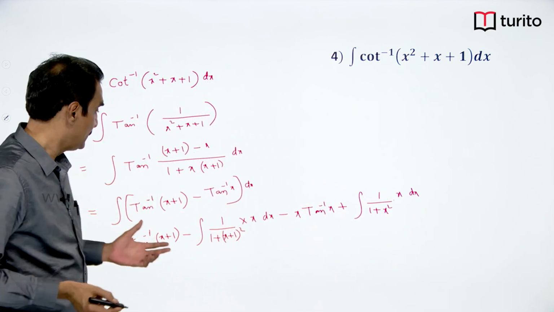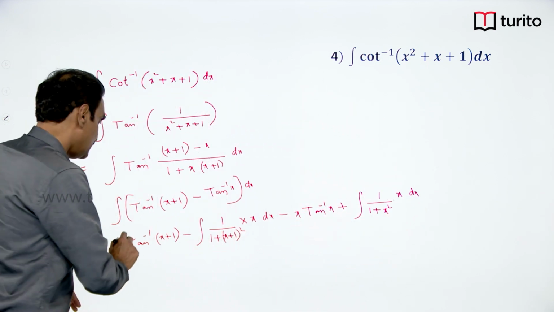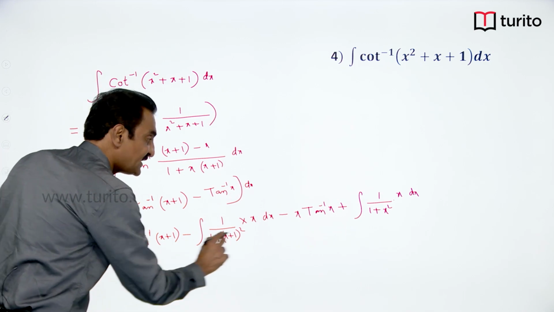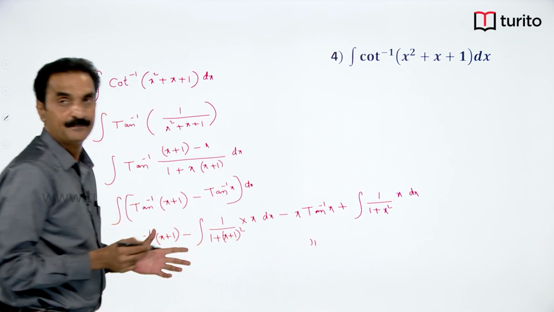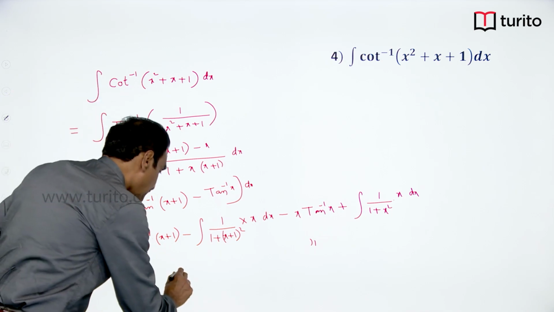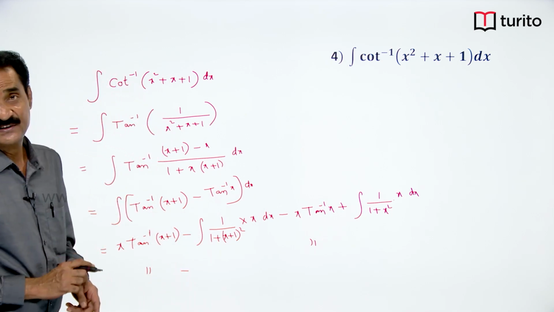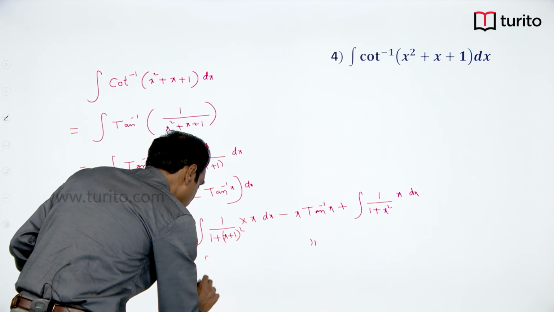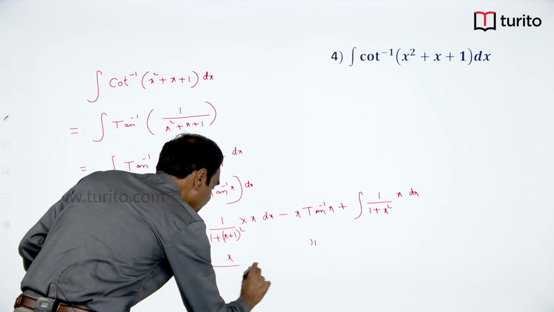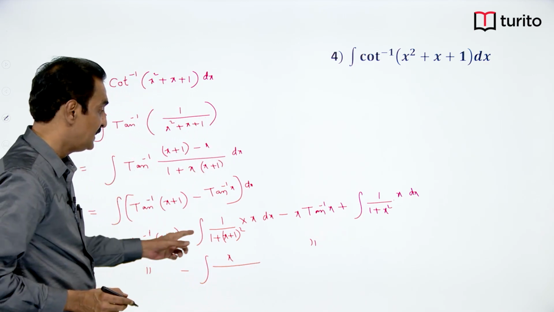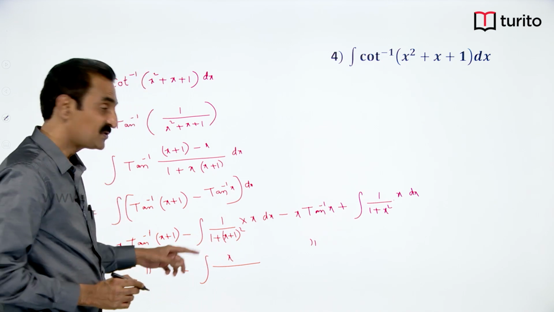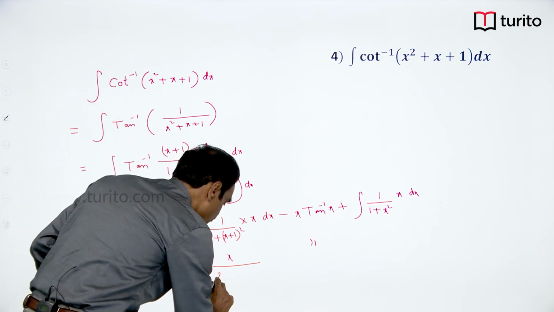Okay. Now, we write first this term and this term as it is, minus, how to integrate this? It is x by, if you expand you will get x square plus 2x plus 2.